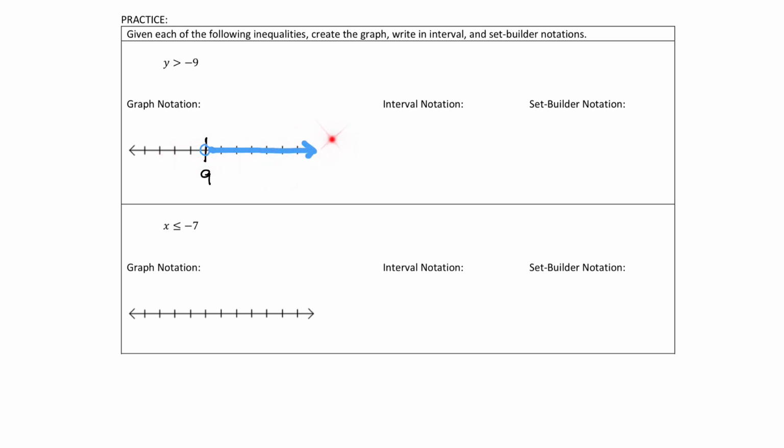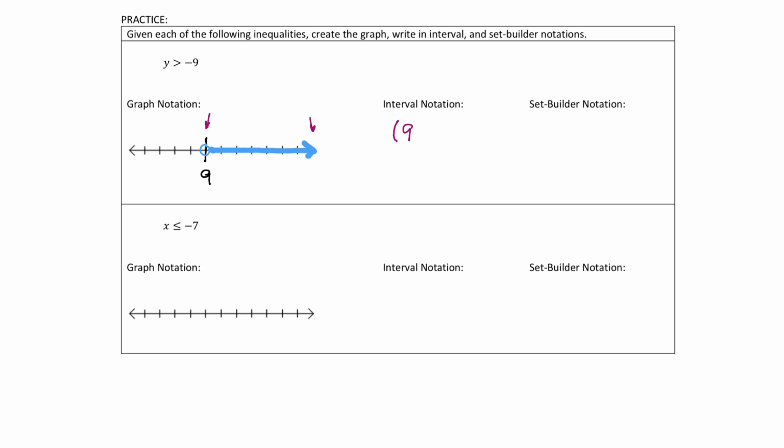Okay, how do I represent that blue part as an interval? All right, what you do is you look at both endpoints, so the left and the right. At the left, we have an open circle at 9. Open circles mean parentheses because it doesn't equal 9. So an open parenthesis at 9.